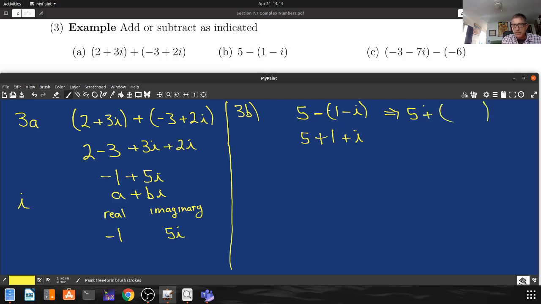By changing from the minus to the plus, the price I have to pay is everything in parentheses has to change its sign. And once I get a plus, I can just remove the parentheses. This becomes, sorry, I didn't write down what I wanted to write right there.